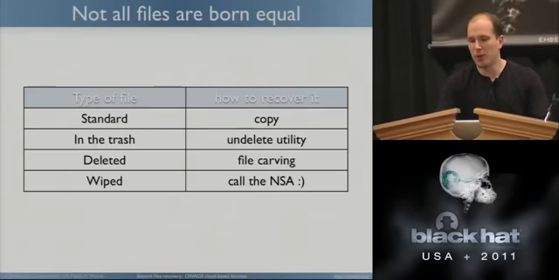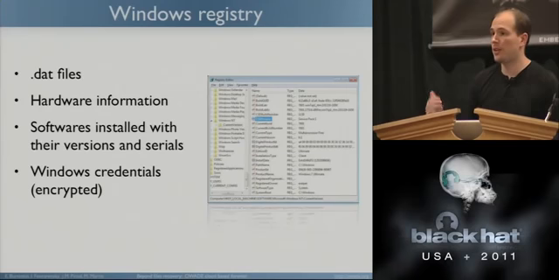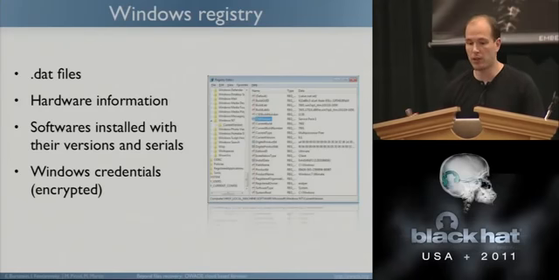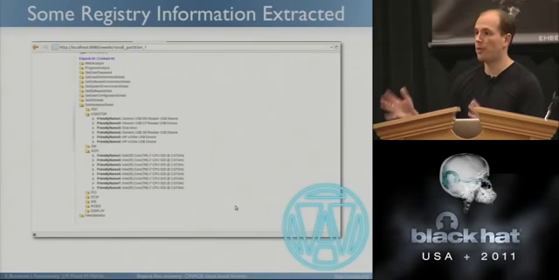So the Windows registry is basically on the disk. They are basically DAT files which are located in the Windows directory. And they contain a ton of information, such as the hardware information, software installed with the version and serial number, and they also have the Windows credentials, which are encrypted. If you look at how OWADE does that, it's actually going to display a bunch of information.